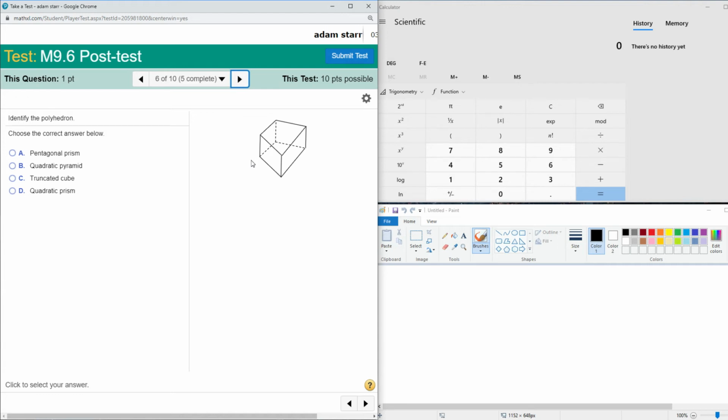A cube, or this truncated cube, would actually look like a cube with one face being a little bit off. This one is not a cube. This one for me would be a quadratic prism. It's definitely not a pyramid and it's not a pentagon, because the base here is still a quadrilateral, which makes that quad prefix.